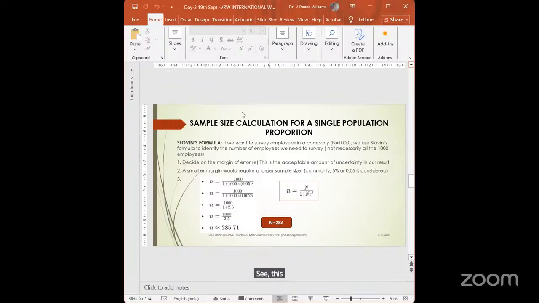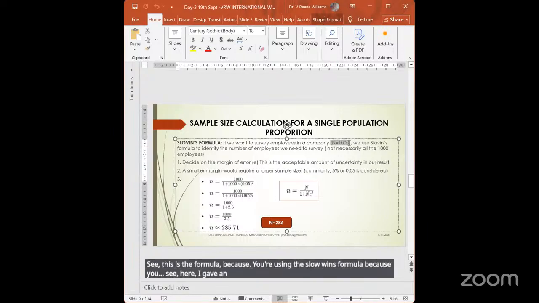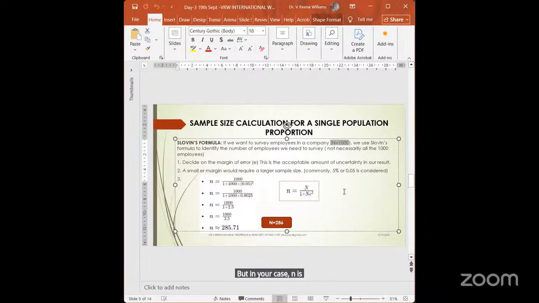See, this is the formula, because you're using Slovin's formula. Here I gave an example of N equal to 1000, but in your case, N is equal to 500. So use 500 in the formula: 500 divided by 1 plus 500 into 0.05 squared.